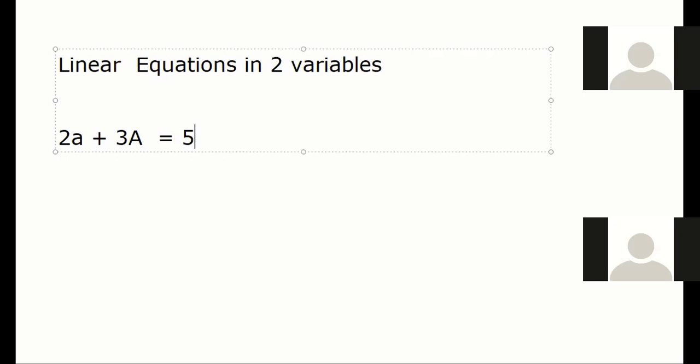Why 1? Because this a and this A are different. So still there are 2 variables, because one is capital and one is small. Correct. Both are different. As we talked about, algebra is all about symbols. Small a and capital A are different. So don't get confused with just a, b, c, d. You can write anything. You can write variables in any other language also. It doesn't matter. So this is also a 2 variable equation.